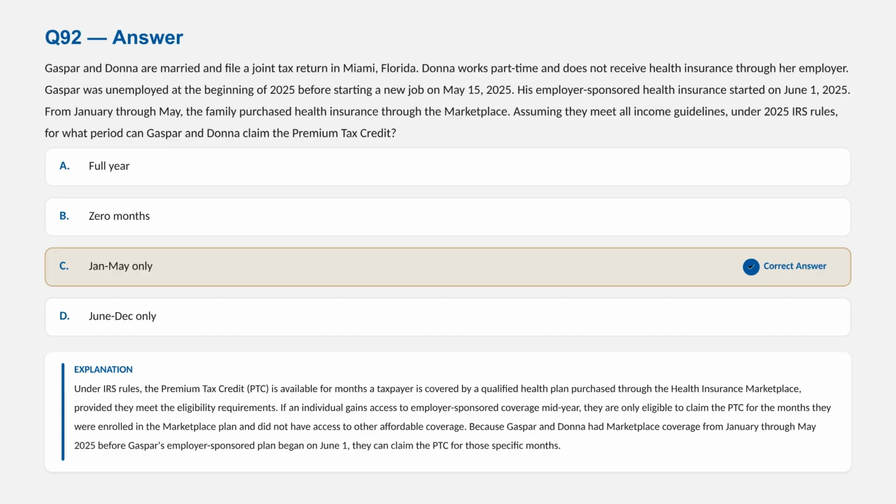Because Gaspar and Donna had marketplace coverage from January through May 2025 before Gaspar's employer sponsored plan began on June 1st, they can claim the PTC for those specific months. Great, now let's move to our next question.